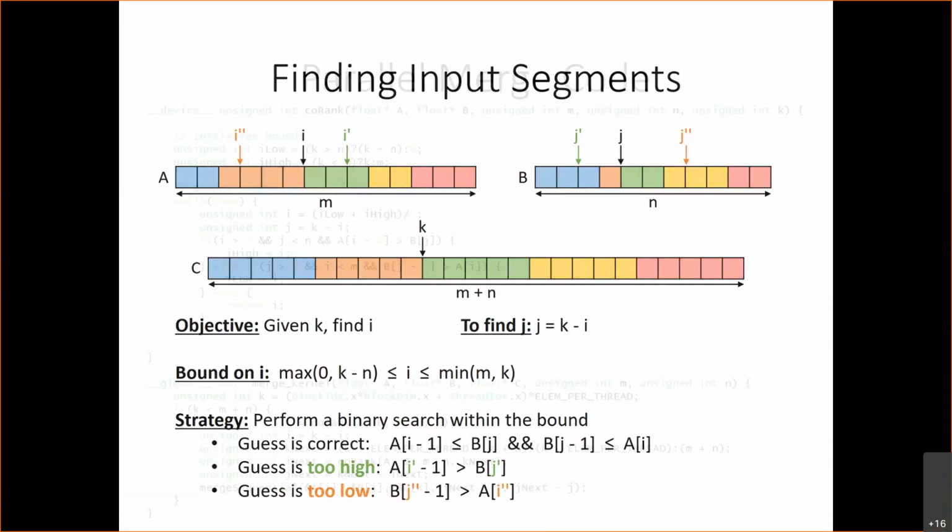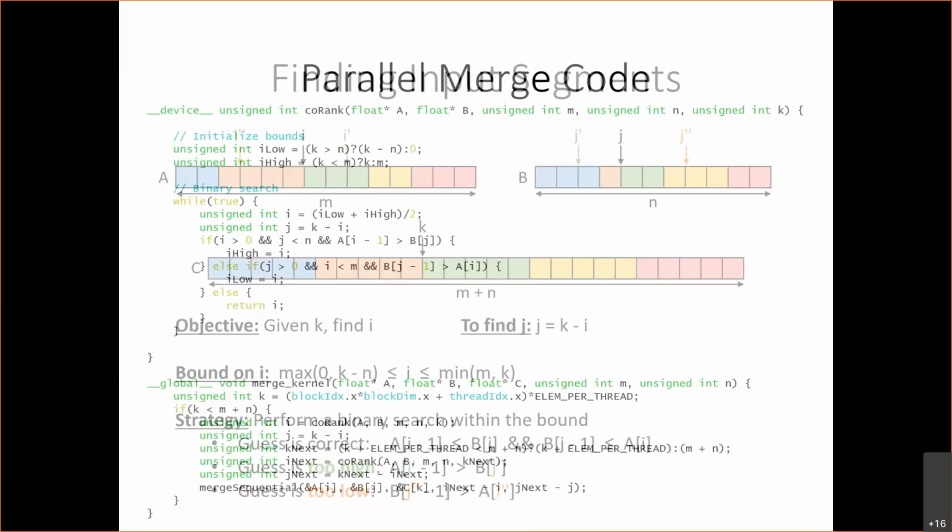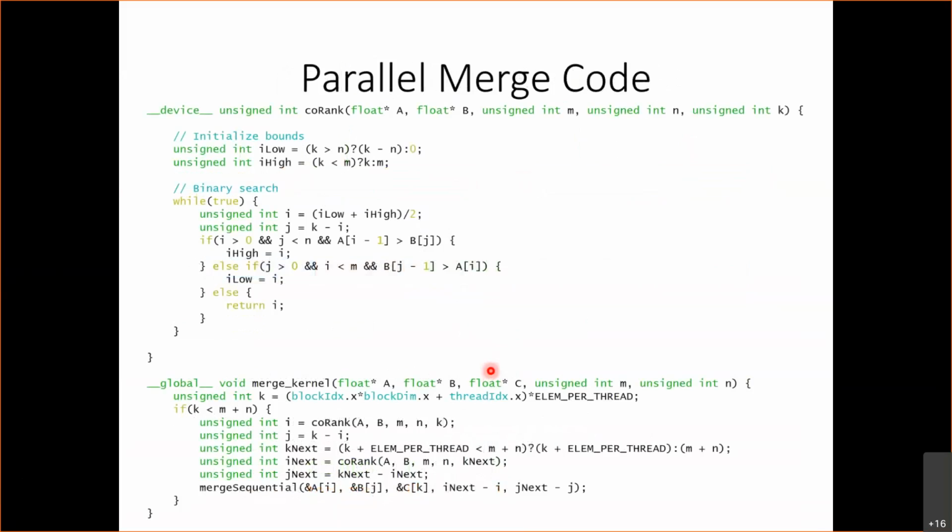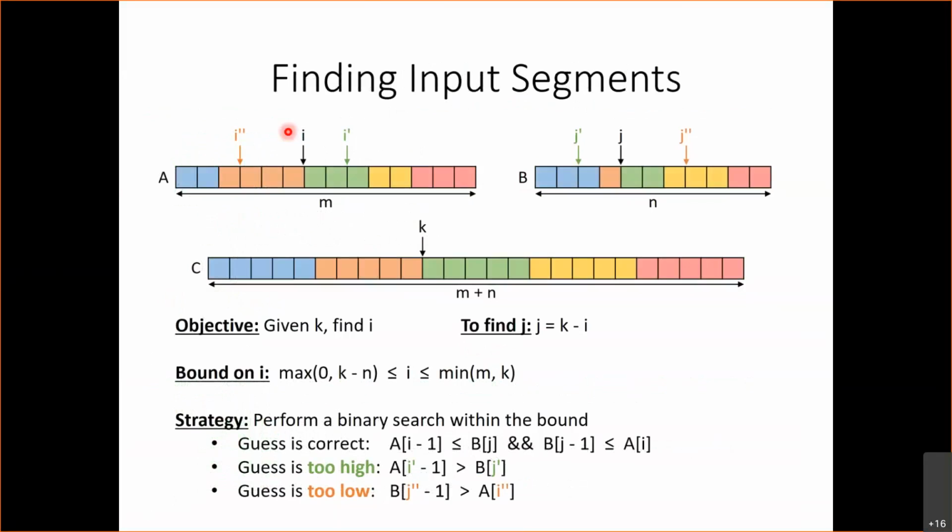So this is the parallel merge code that we wrote. So one thing that you guys have observed is that we have divergence. There's another big problem here, which is when we do all this binary search on these arrays. So here, when I'm doing all this binary search on my global memory arrays, and here I'm doing all this binary search and accessing these arrays. Why is that bad for performance?